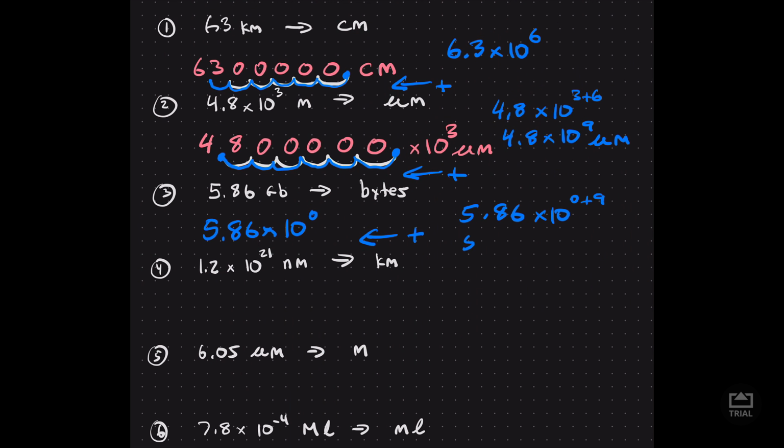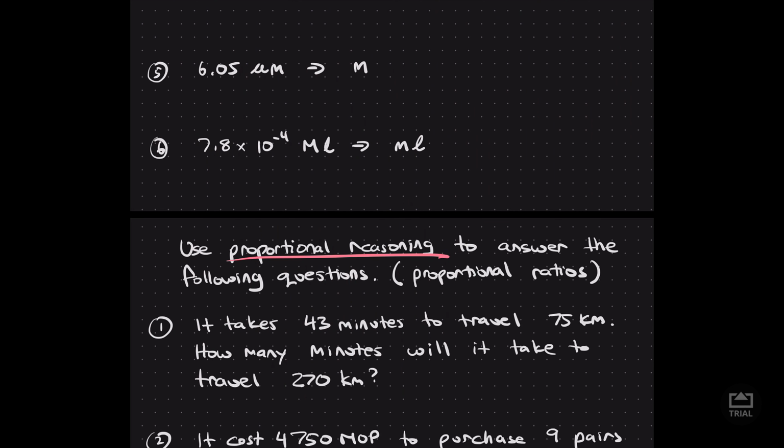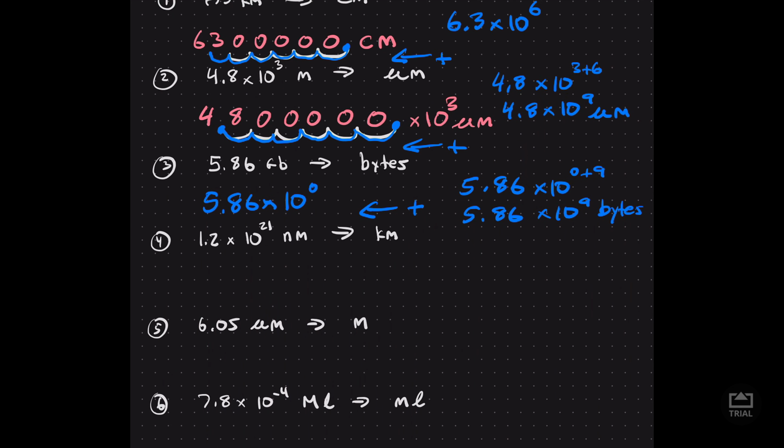So our answer is going to be 5.86 times 10 to the 9, and our units are bytes. Okay, so I'm going to do one last one here, number 4 with you. This one will be moving in the opposite direction. I will provide answers for 5 and 6 before we move on to the next one, which is proportional ratios.